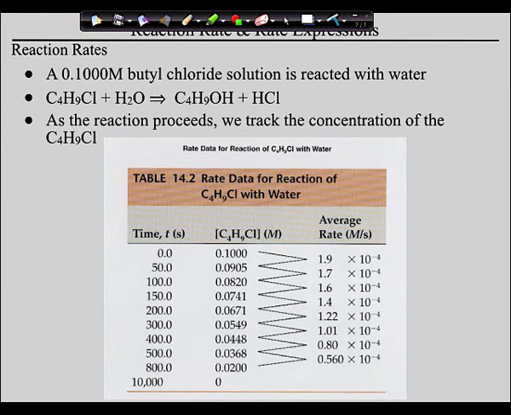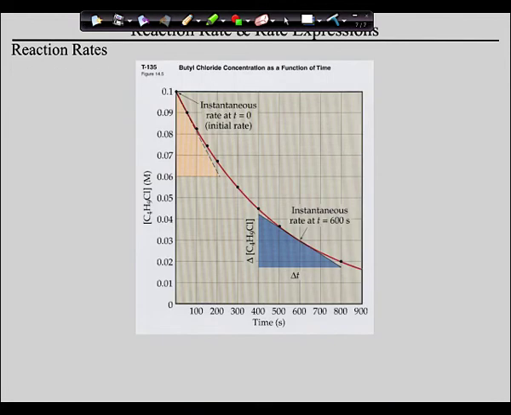Does that mean that they're wrong? No, it simply means that they're not respecting the fact that these things are being consumed, because the negative would simply mean consumption, but we can still talk about them empirically as being the speed of the reaction. So if we then take this data and we graph it, we end up with something that looks like this.